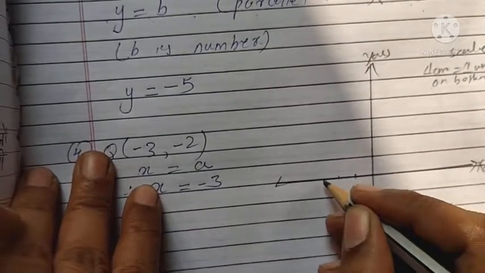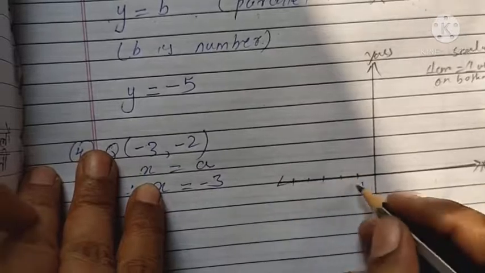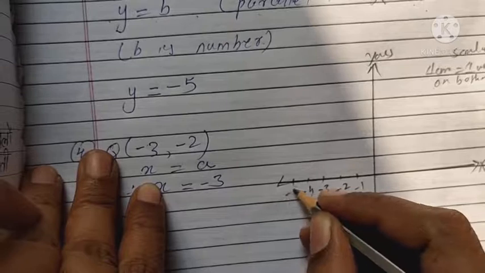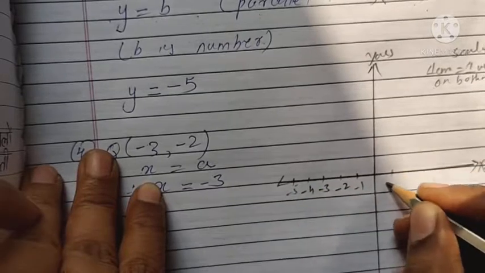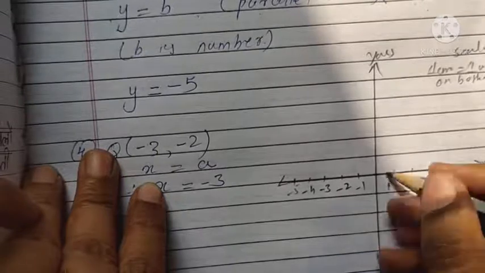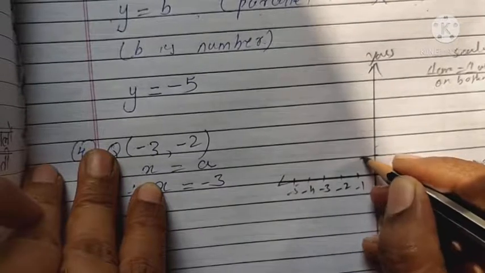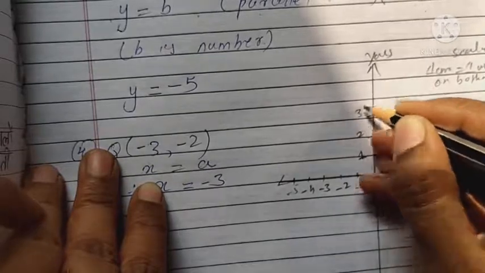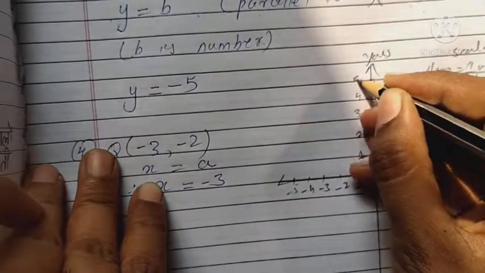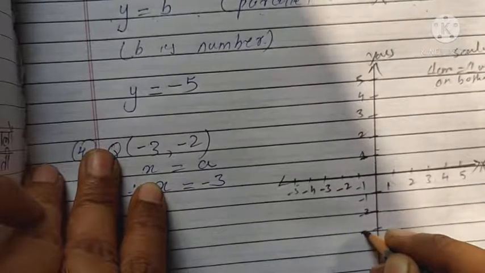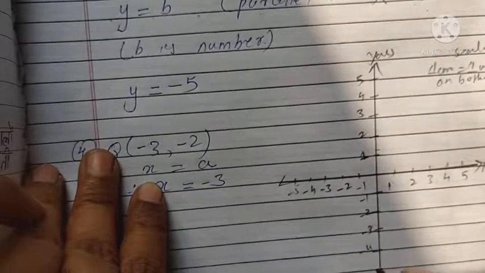On the x-axis, left side numbers are negative and on the right side numbers are positive. On the y-axis, above the x-axis numbers are positive and below numbers are negative. Minus 1, minus 2, minus 3, minus 4, minus 5.